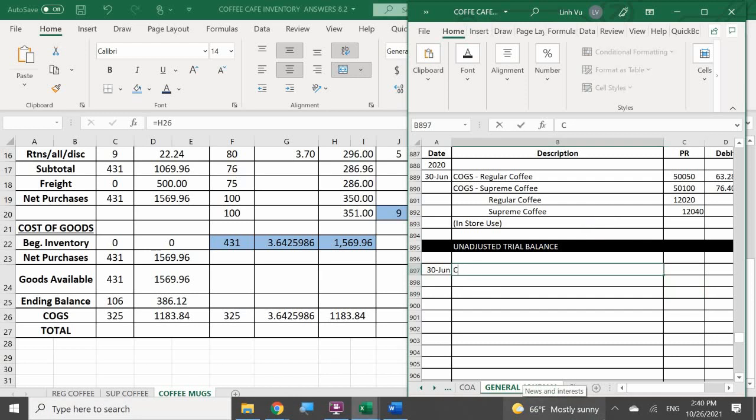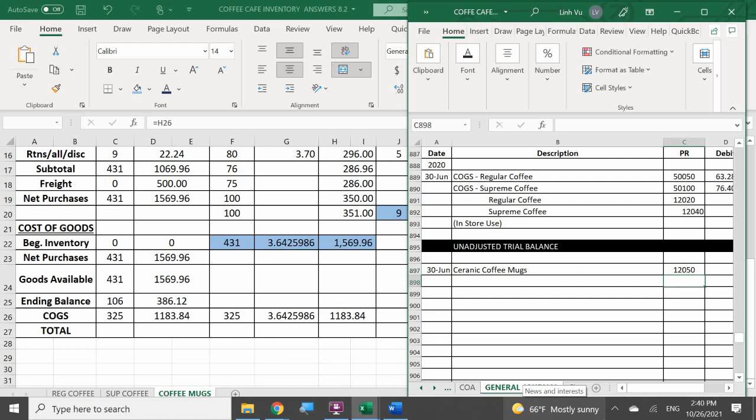Go ahead and look at your chart of accounts. Ceramic coffee mugs. What account is that? It is 12050. Okay.